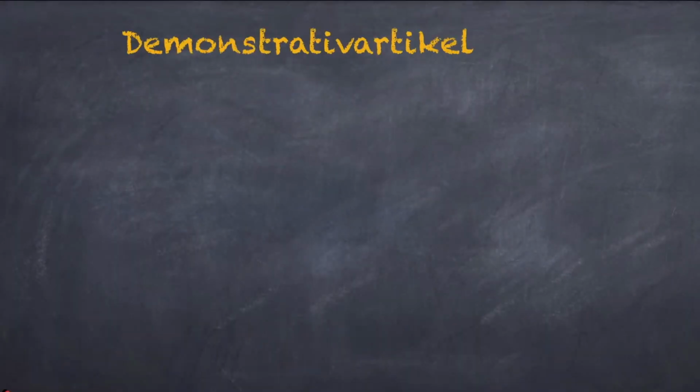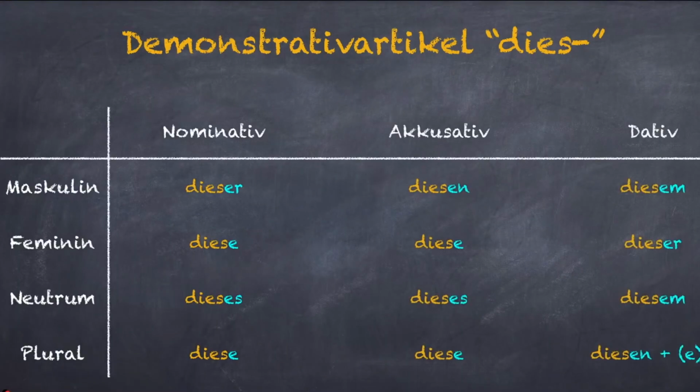Here is an overview of all the demonstrative articles. As you can see, they are not very different from the normal definite articles or from indefinite articles. If you remember the articles for all these cases, then these are not difficult to remember. The masculine article im Nominativ ist dieser, in Akkusativ diesen and im Dativ diesem. The feminine article for Nominativ and Akkusativ is the same, diese.